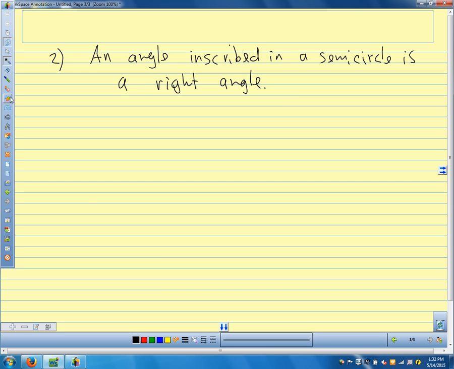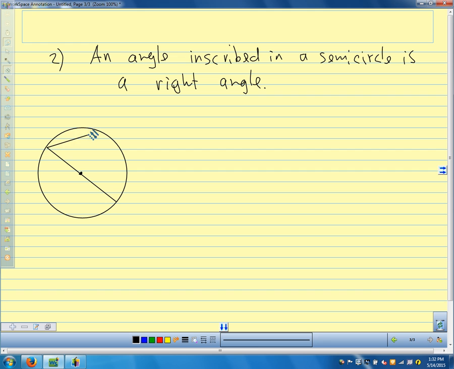So here's our picture for this one. There's my circle. There's the center. I'm going to divide it into 2 semicircles. And there's my angle inscribed in a semicircle. That angle has to be a 90-degree angle.